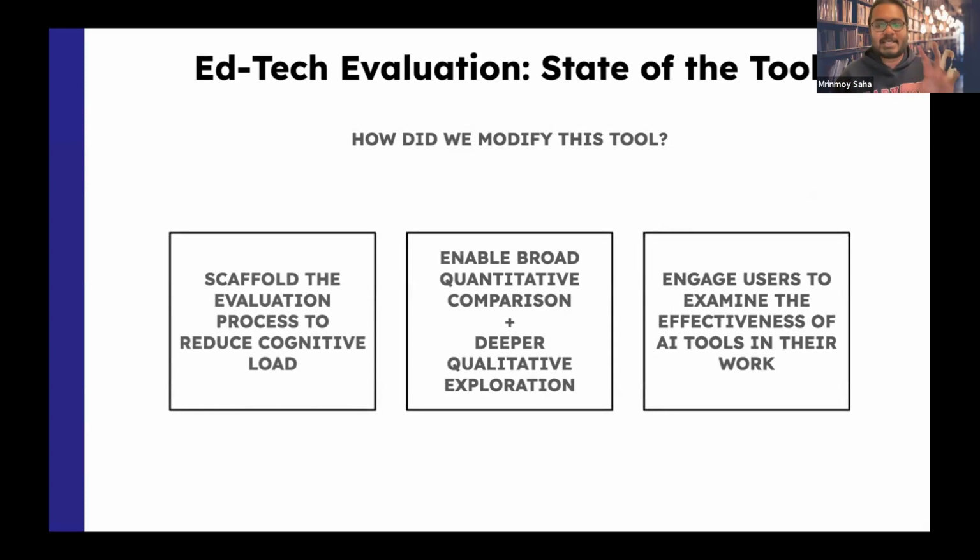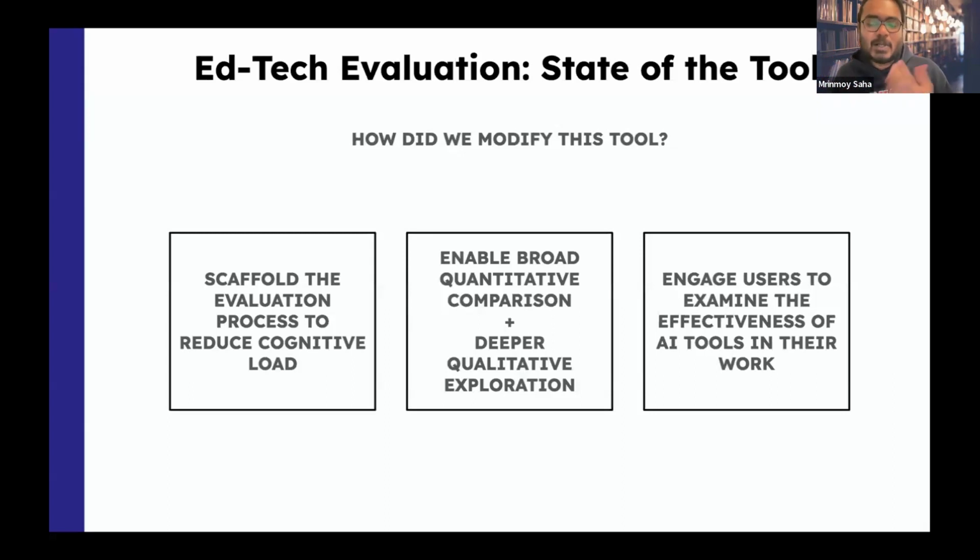We wanted to make sure that this evaluation framework is more scaffolded to reduce your cognitive load as a user. We wanted to make sure there are opportunities for you to compare different EdTech tools that may or may not be powered by AI, and compare them on a quantitative basis on a broader level, and ask yourself the questions you saw in the previous slide to explore at a deeper level why those dimensions might matter to you.